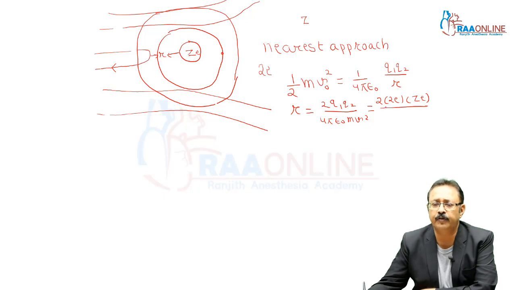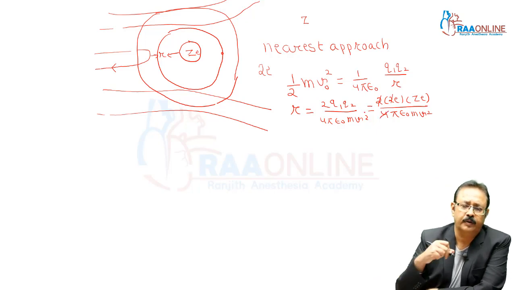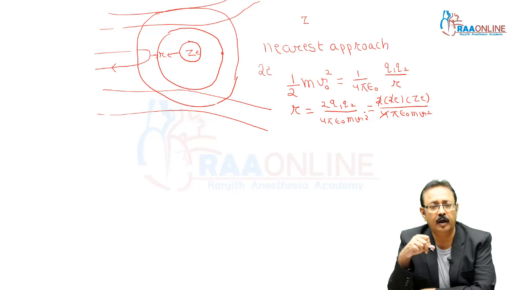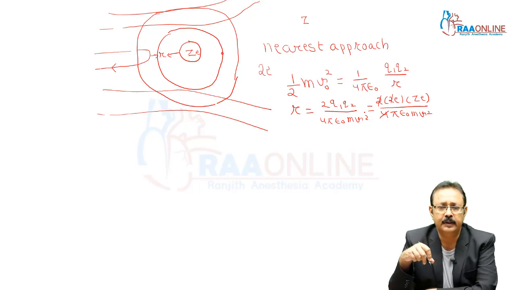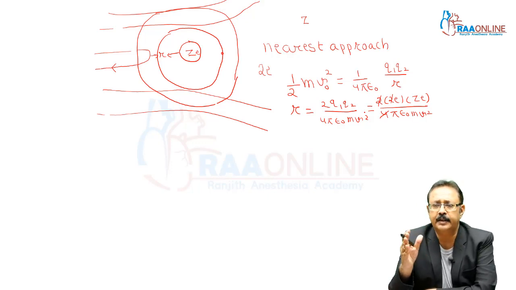Now you can cancel 4 with 4. So you will get this formula for closest approach. If in examination or in your competitive exam they ask, you can easily say this closest approach should be Ze square upon pi epsilon naught m v square.